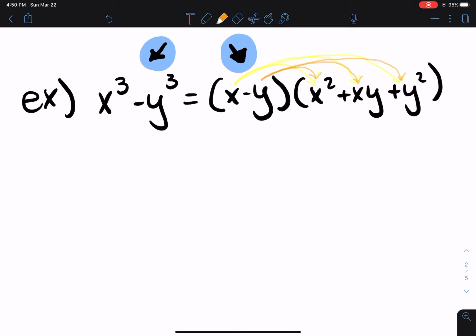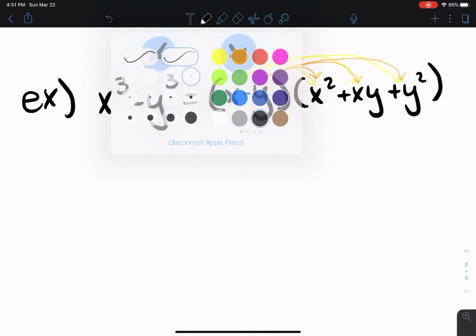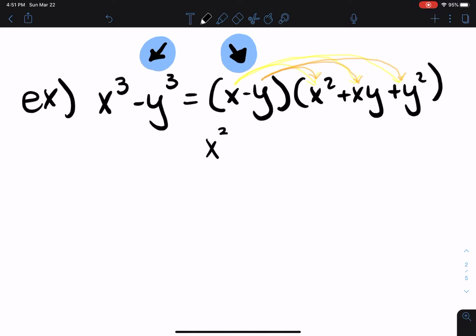So let's do X times X. X times X squared is going to give me X to the third. Let's get a smaller marker. That's a little too big. X to the third. Okay, that's these first two right here. This one times that one. Okay.